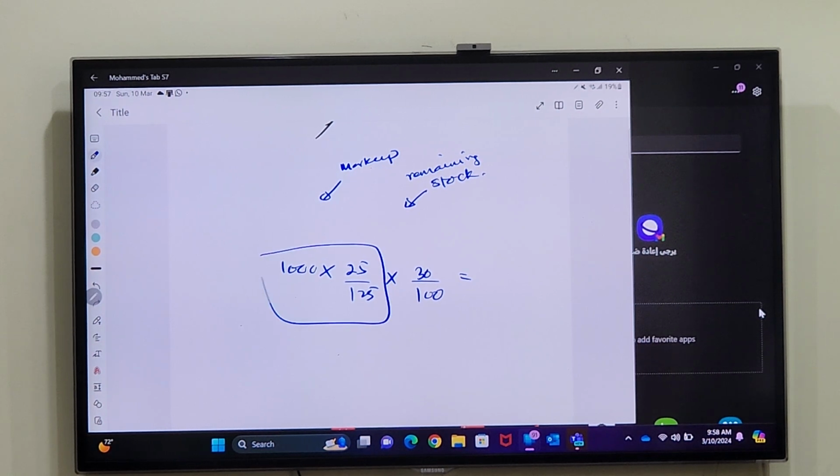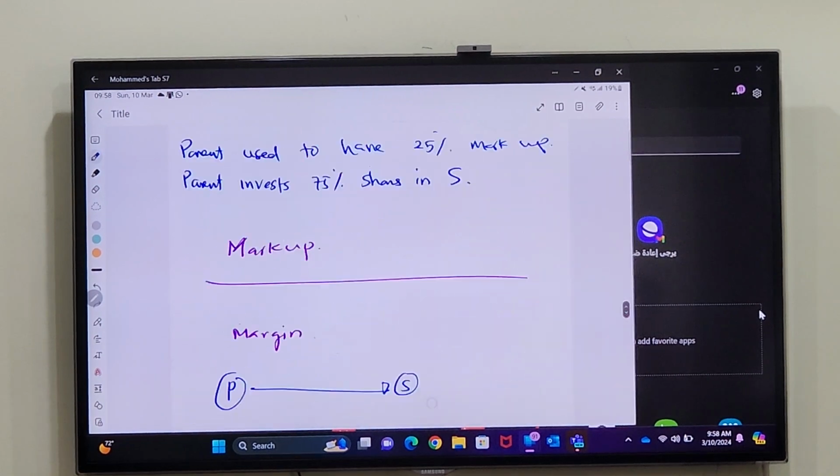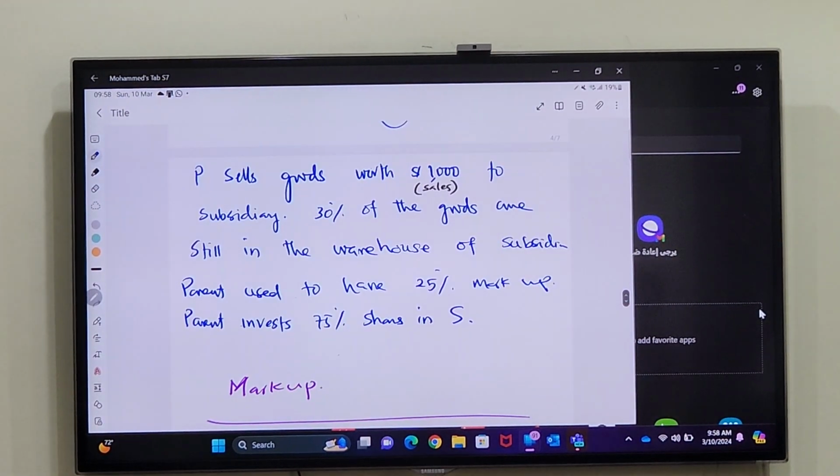This will be 200, 240, and then into 30 you get 60. Correct? Yes. So 60 is your unrealized profit. What is unrealized profit now? You see, the parent company has sold goods worth 1,000 to the subsidiary.